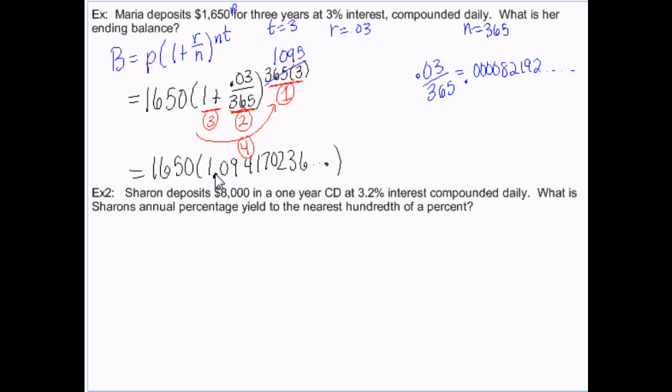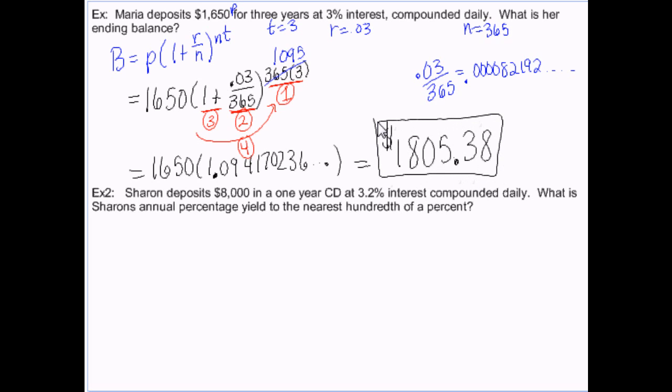That's the most accurate way to do it because you haven't lost any data. I didn't round at all during the process. So once I've done that multiplication, now I'm going to round to the nearest penny. And her balance will be 1805.38.